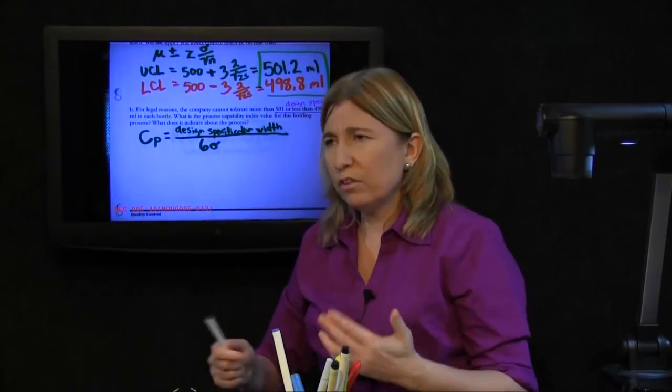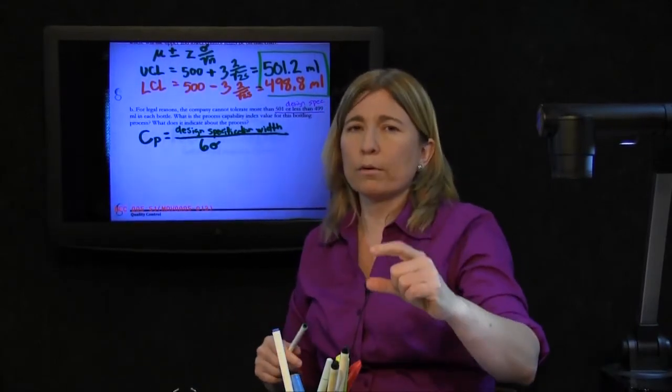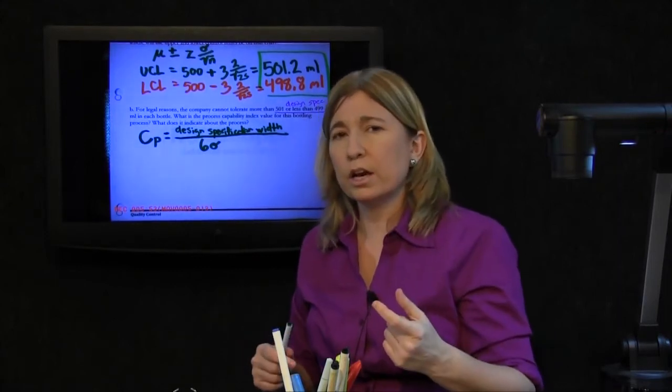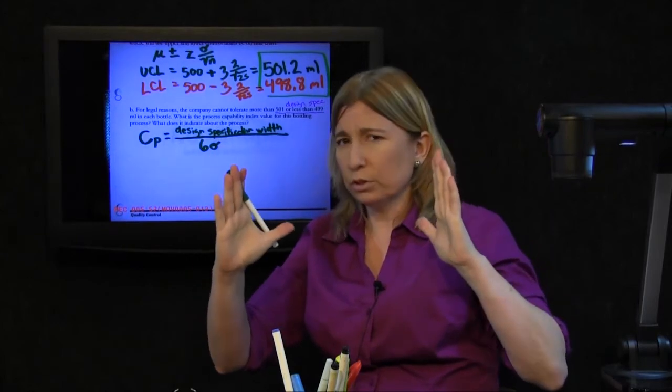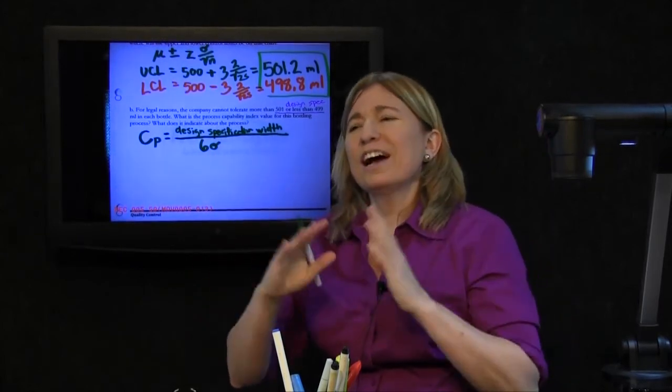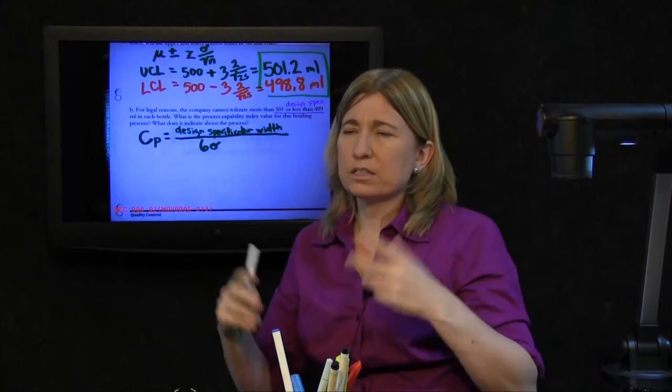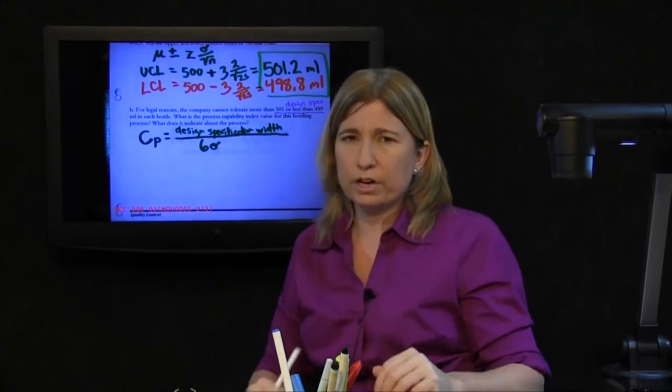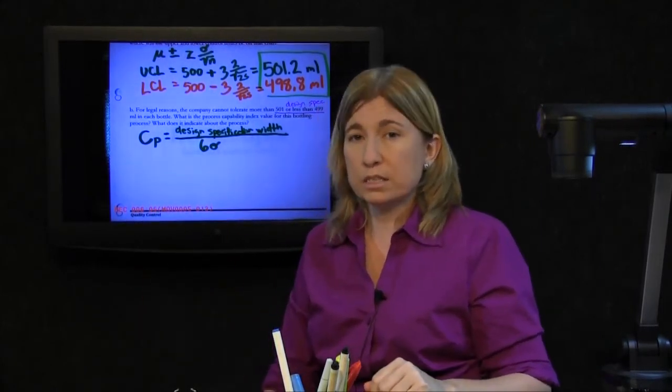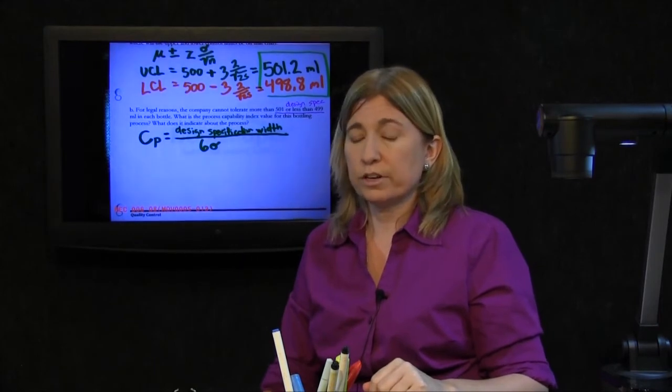The process capability index is a single score, but how do you calculate it? It's a ratio of the width that the design will tolerate to the natural width of the process, and it's agreed that the natural width of variation in the process is 6 sigma, or 6 times the standard deviation.